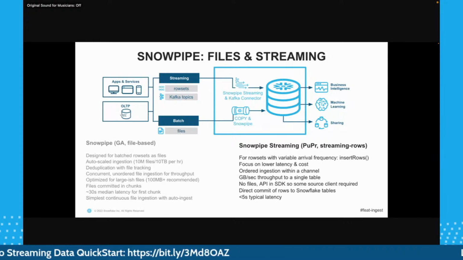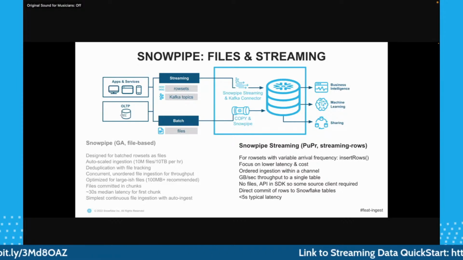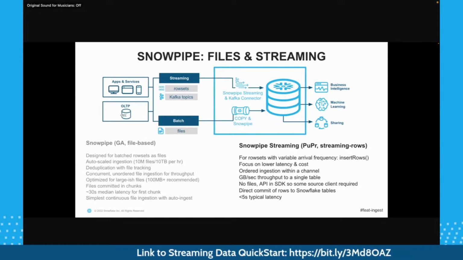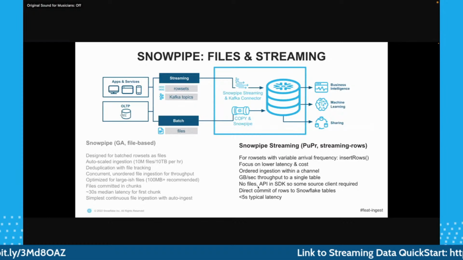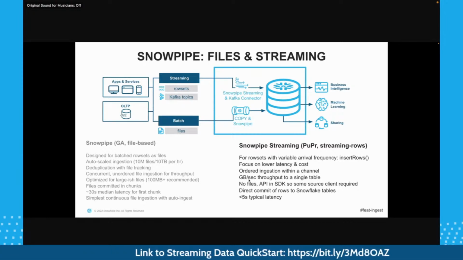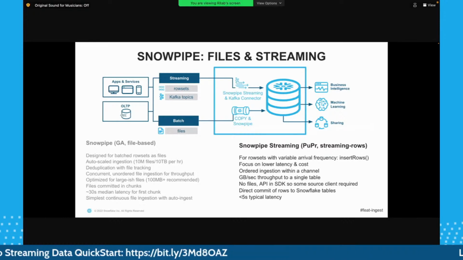I can control how the rowsets are to be defined in my configuration file, which we will look at during the demo. And once data is coming into that particular Snowpipe streaming process, it is ordered. This gives you a throughput of about a gigabyte per second on a single table. And this typically has a latency of less than 5 seconds.